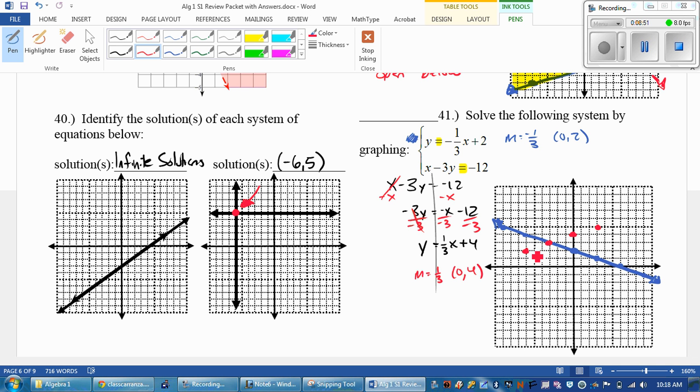Now I'm using my ruler, my straight edge, add the arrows, and where they intersect is right there. What's that point? Well, that is the point -3, +3.